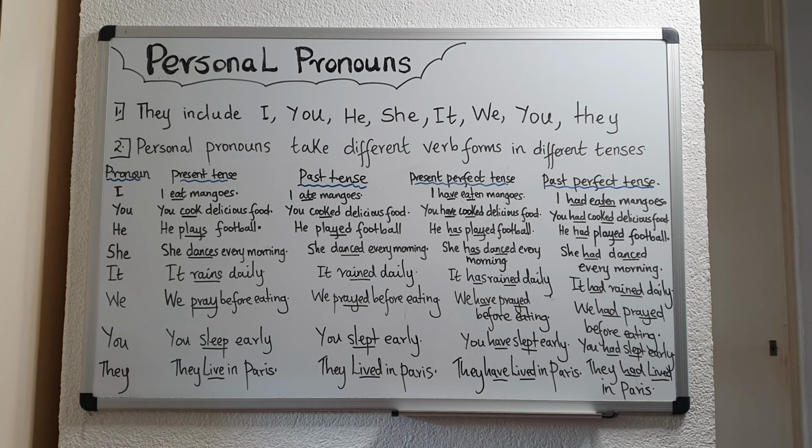Remember, I, you, it, we, you and they, those personal pronouns do not change. The verbs do not change in the present tense. They remain the same in the first form, but the pronouns she, he, and it, in the present tense, you have to add an S. Okay?